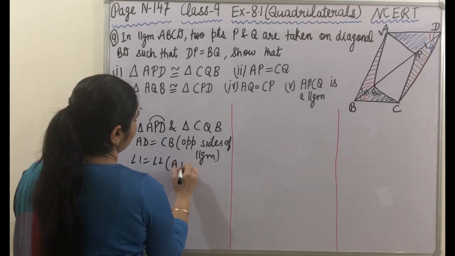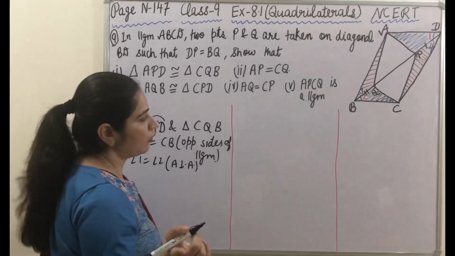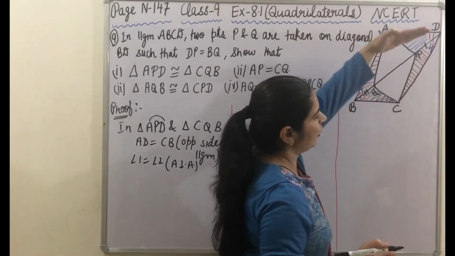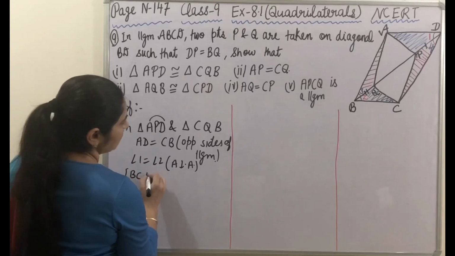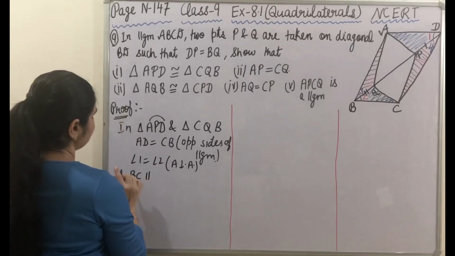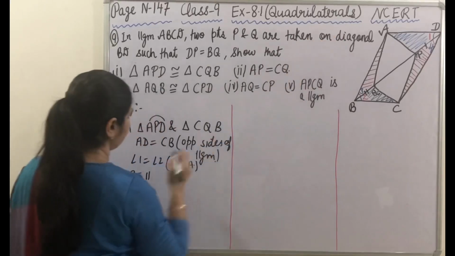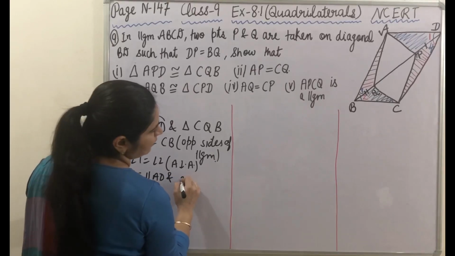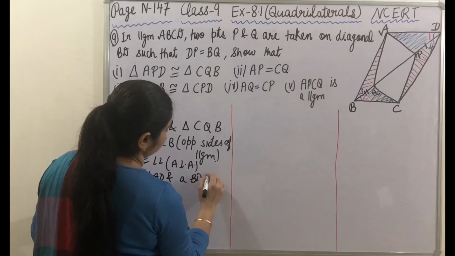I can write here alternate interior angle, but we have to mention which pair of parallel lines we are taking. So I am writing here BC is parallel to AD and the transversal is BD.